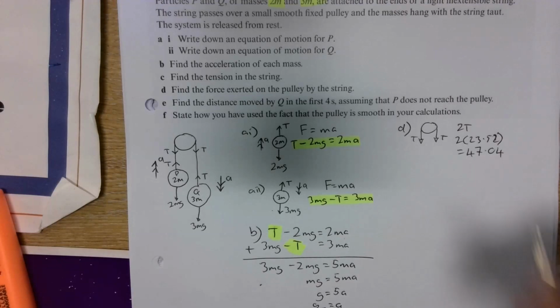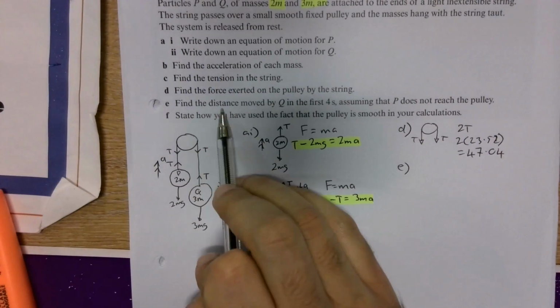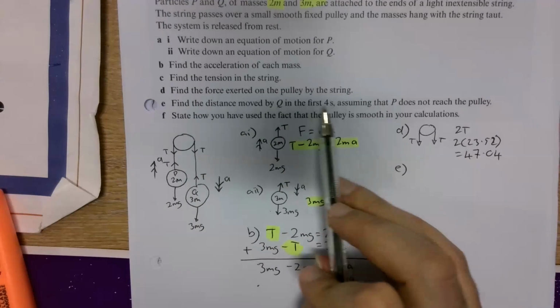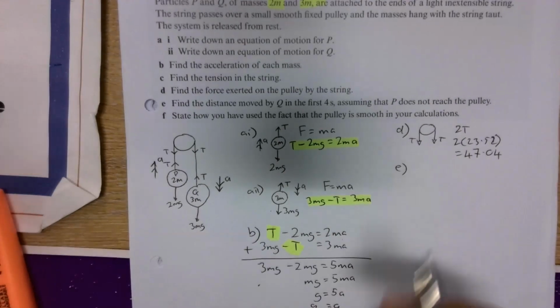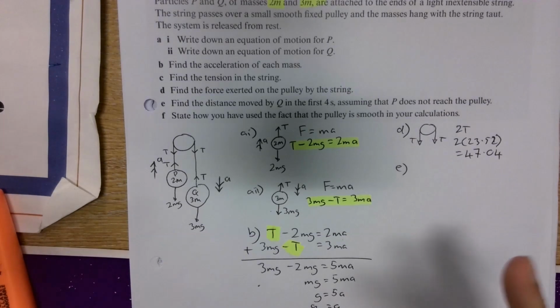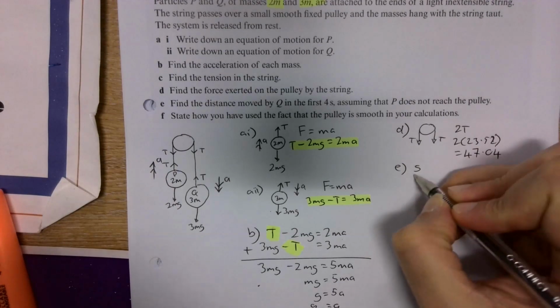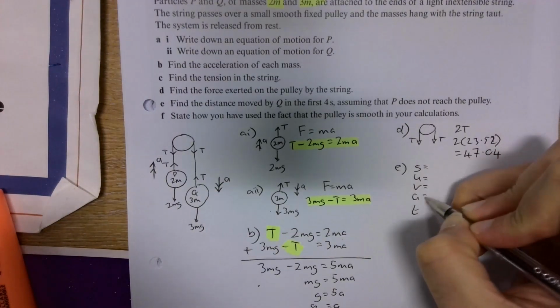Right, part E. Find the distance moved by Q, which is this one, in the first 4 seconds. Hopefully you've spotted that when I talk about finding the distance moved in the first 4 seconds, this is suvat, isn't it? So let's list out suvat. S is what we're trying to figure out.